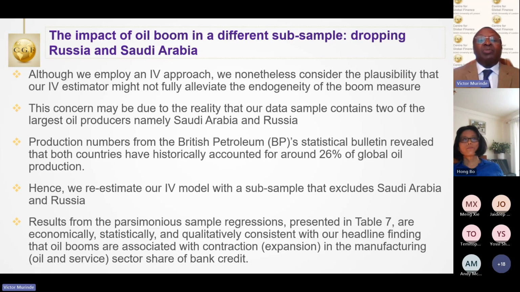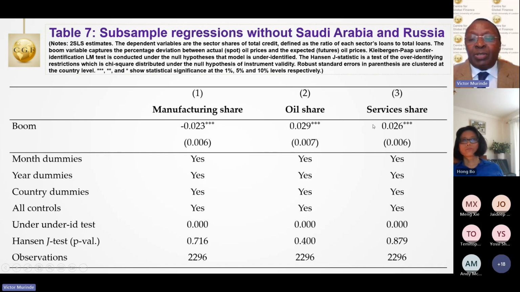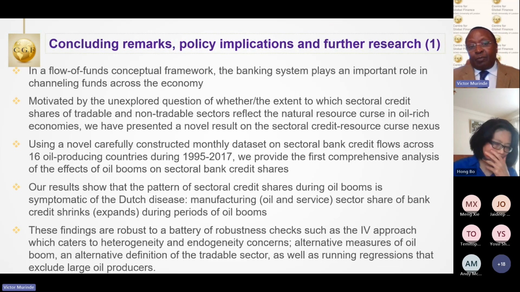So we drop them from the sample and then estimate the model. The results are here in table 7, where we find the same consistent findings: the share of bank credit going to the manufacturing sector shrinks, whereas the share going to the non-tradable sector expands, consistent with the symptoms of the natural resource curse.